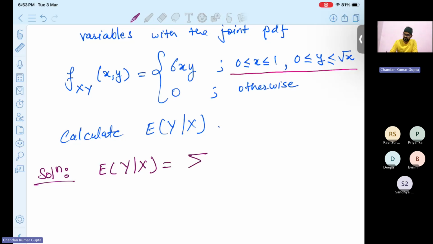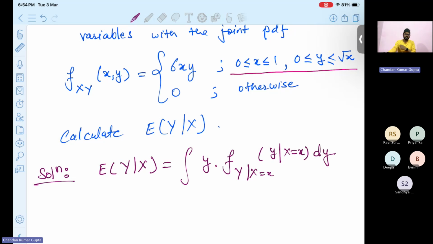Since we are dealing with the continuous case, it is the integral of y times the conditional distribution, f of y given x equal to x, dy. Here x is kind of a constant, a known value. And we have the range for y as well.